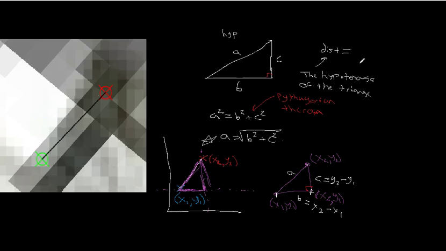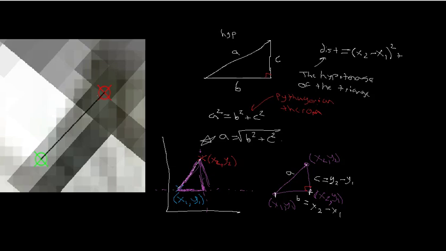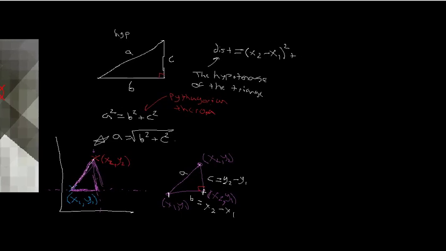Distance is going to be equal to B squared. Well, B squared is just x2 minus x1, quantity squared, because B is x2 minus x1. Plus, C. Well, C is just y2 minus y1, quantity squared.